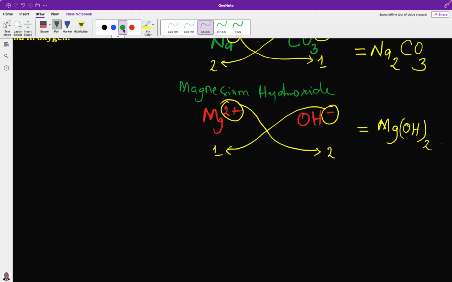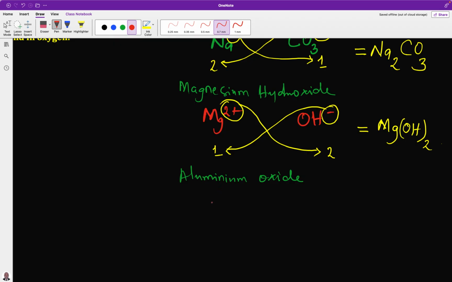It goes again with aluminum oxide. Let's draw the structure of our compound. We write the formula.